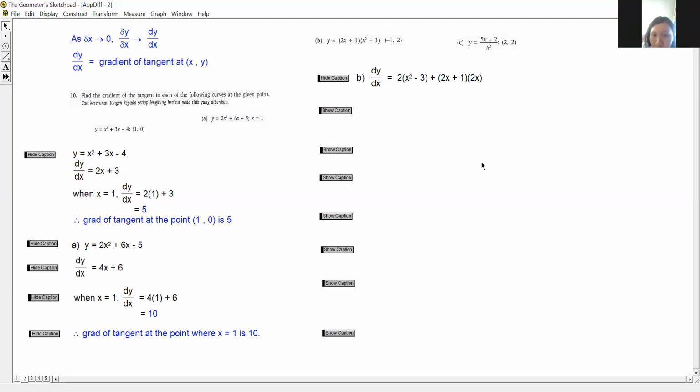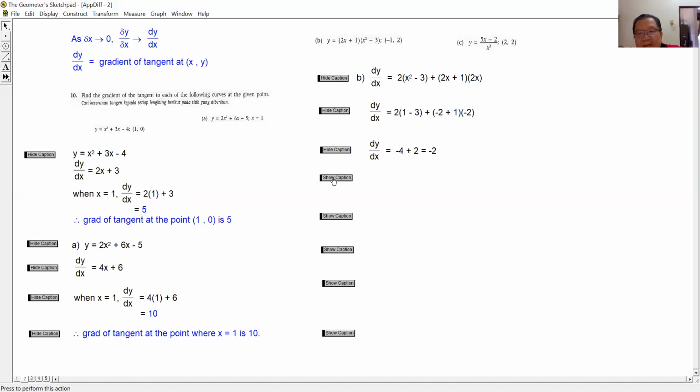In this case, the value of x is negative 1. So substituting x equals -1, x squared becomes positive 1. Negative 1 multiplied by 2 is negative 2. So finally, dy dx is -2.